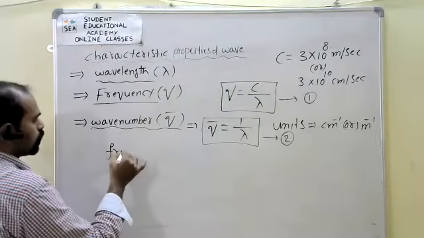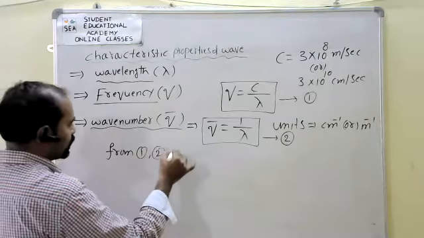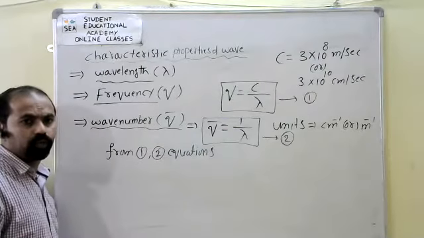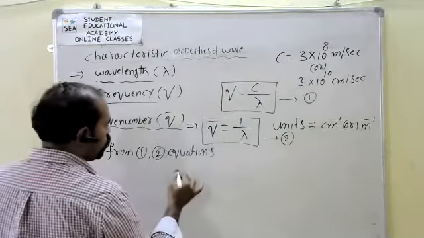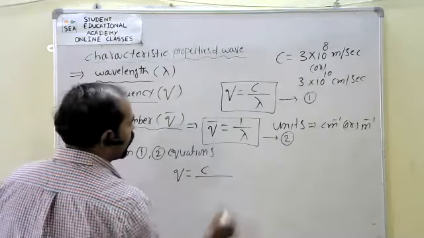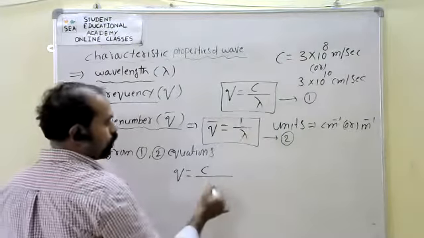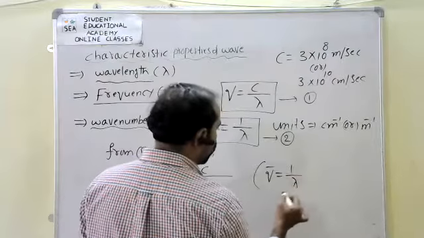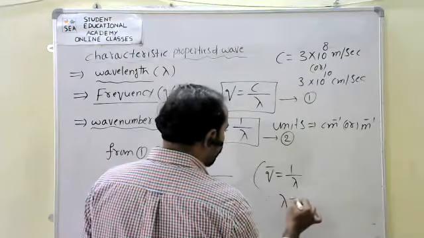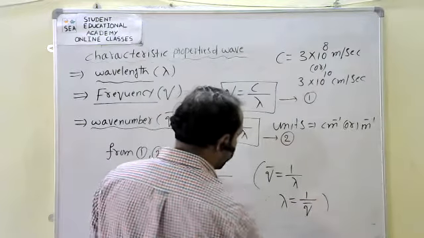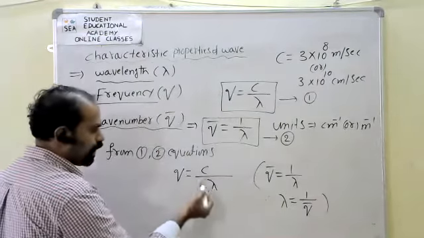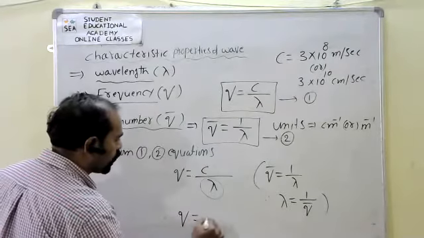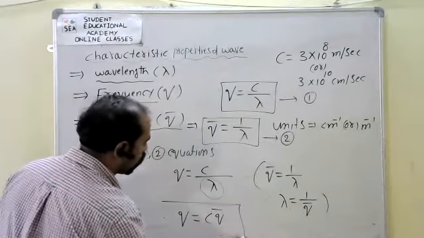So from equations 1 and 2, nu equals C by lambda. According to this, nu bar equals 1 by lambda. Therefore, lambda equals 1 by nu bar. Here, in the lambda place, I will take 1 by nu bar. Therefore, nu equals C nu bar.